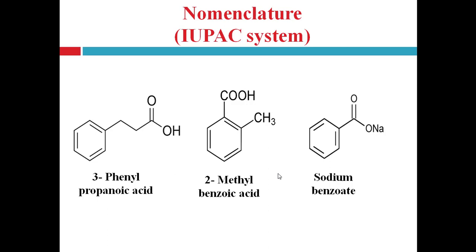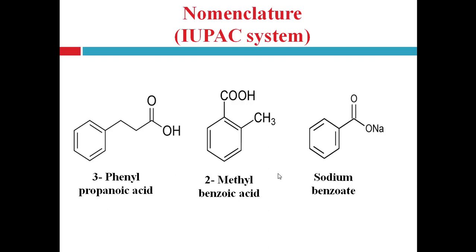The salts of aromatic acids are generally named by writing the name of the cation followed by the name of the acid in which the ending -ic acid has been replaced by -ate, right? So here the cation is sodium.